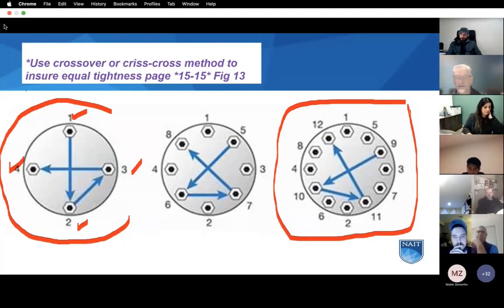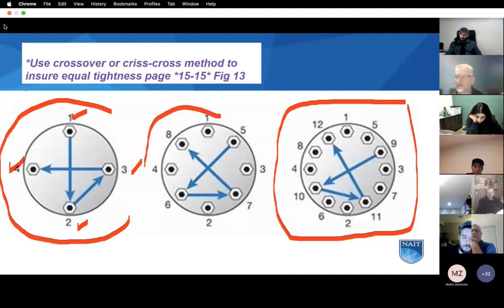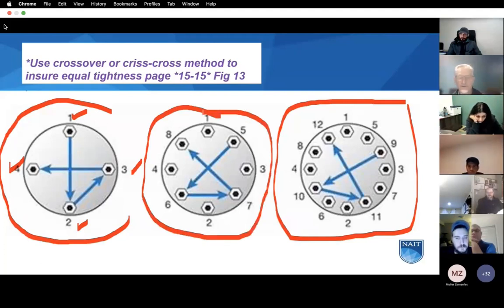If you work in critical industries with very high pressures, for example, nuclear power plants, each bolt, each pass around the flange to tighten the bolt will have to have your signature or your initials on a piece of paper. Some of you have seen this before.